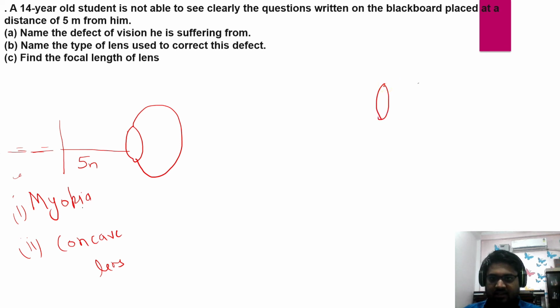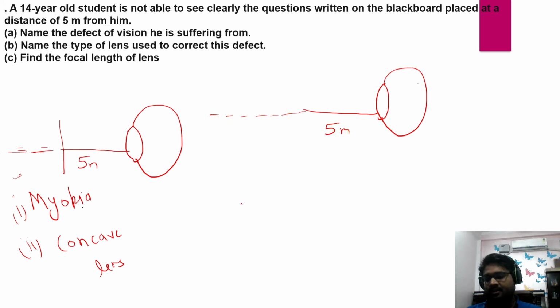Now we draw the diagram of the human eye and we draw the distance up to which a person can see, and this is the region where he cannot see the object, right? So what we do, we use the lens and we place the object at the maximum distance. Suppose we place the object at infinity, and if this lens is able to produce the image of the object at 5 meters, then the person can see the object.